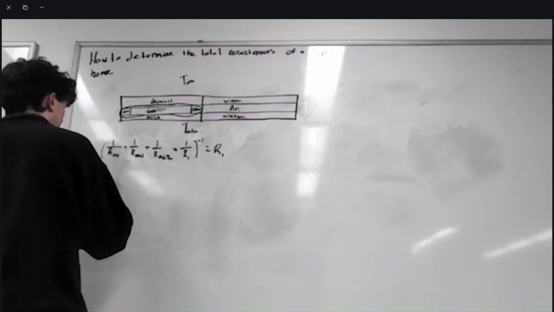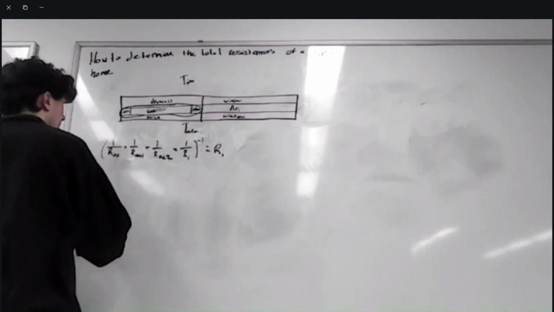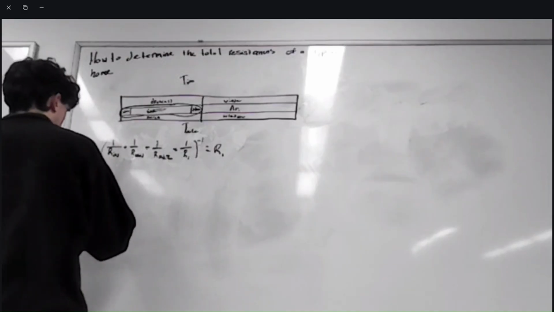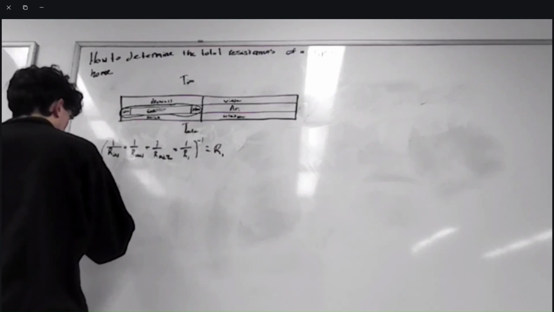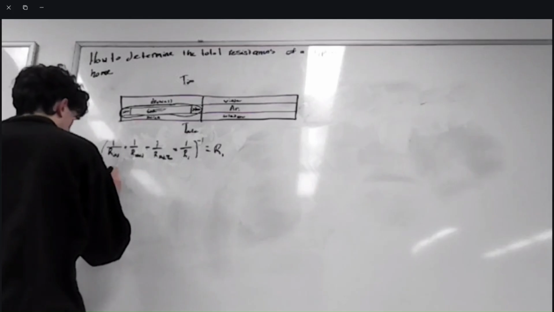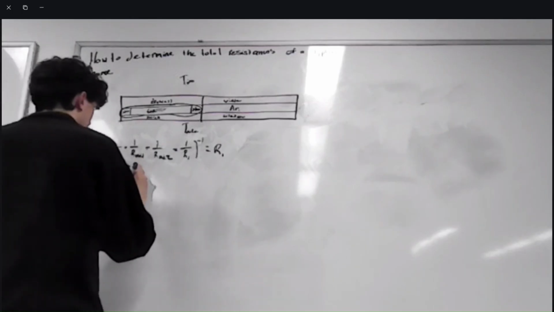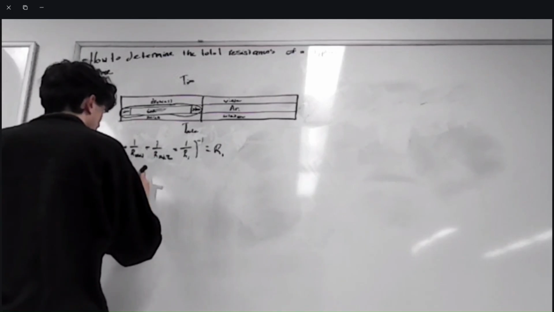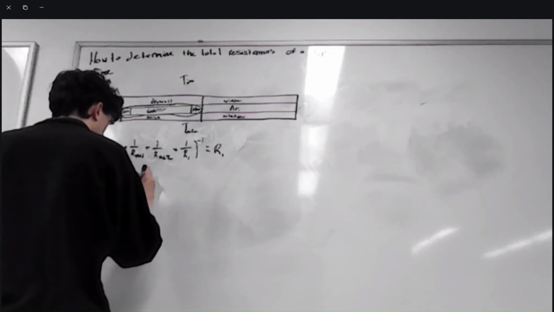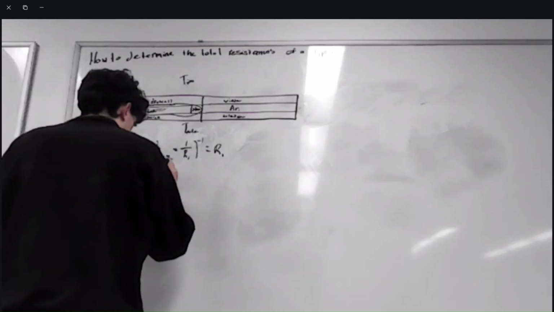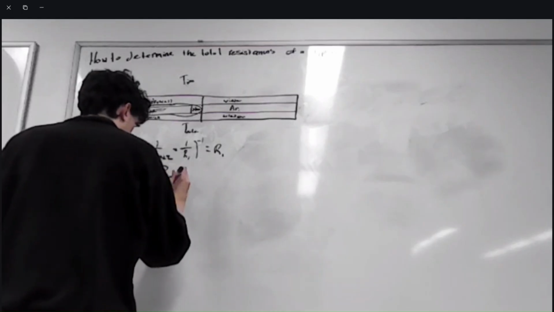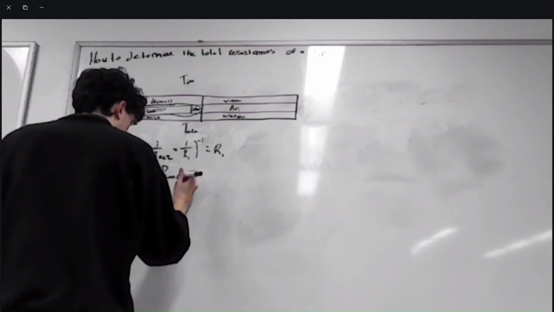So we'll have the resistance of the outside air through convection, plus resistance of conduction of the brick, plus resistance of conduction of 1, R1, so we'll just denote that with a 1.